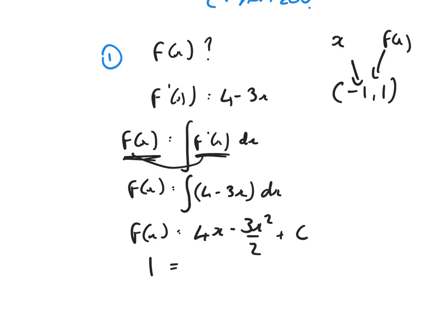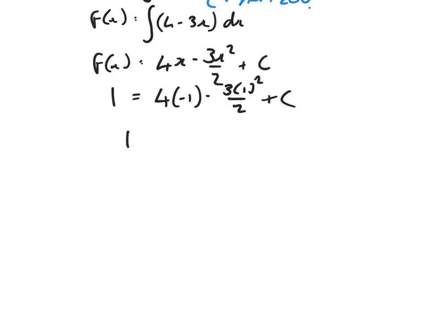So the y coordinate is 1 when the x coordinate is minus 1, so that's 1 equals 4 lots of minus 1 minus 3 lots of 1 squared over 2 plus the constant of integration. Okay, so that's 1 equals minus 4 minus 3 over 2 plus the constant of integration.